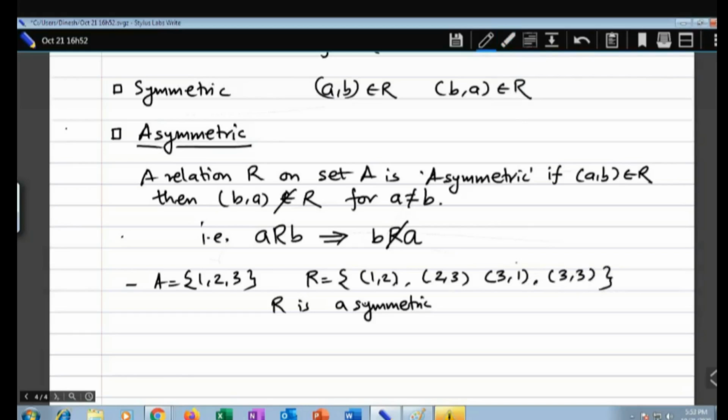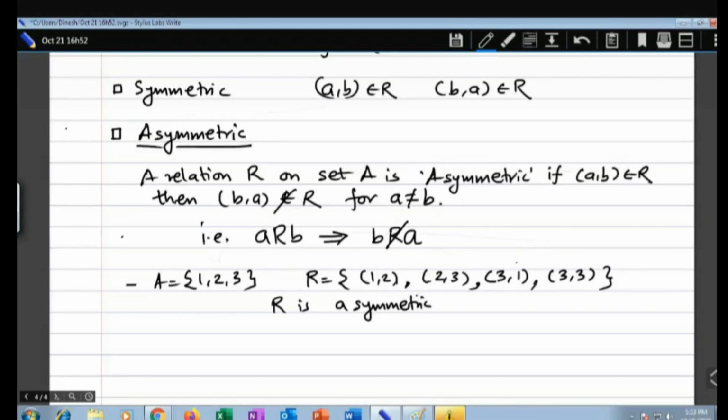In asymmetric, if we have a comma b in R, then b comma a must not be in R, unless a is equal to b. But in antisymmetric, we allow it to be present when they are equal. So this is the difference between symmetric, asymmetric and antisymmetric.